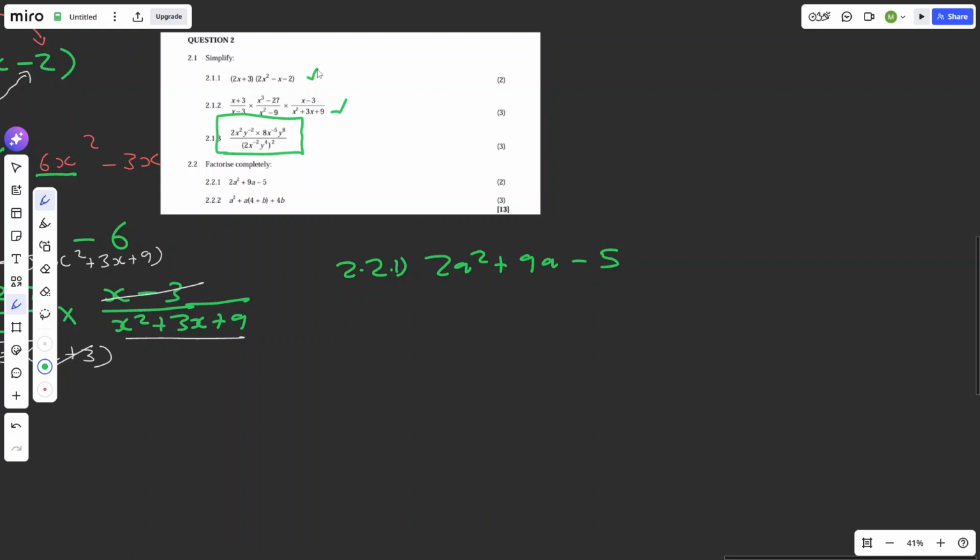So in the next segment, we've got 2a squared plus 9a minus 5. So now we want to factorize this, okay? So it's the opposite approach we're taking to the previous one where we have to multiply terms out and simplify, okay?